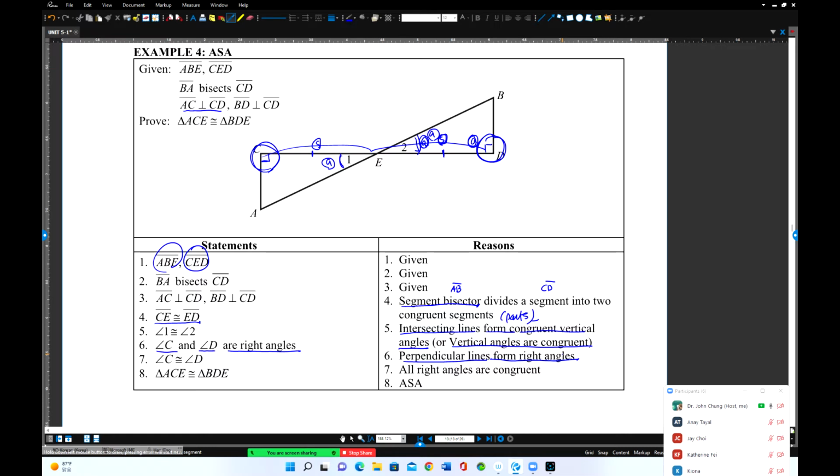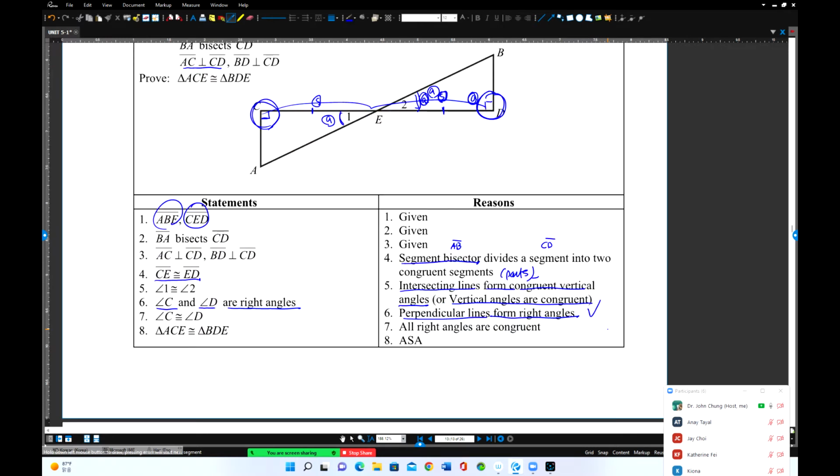It's okay too, but I like this simple one. After that, we can say these two right angles are congruent. The reason is the same as before: all right angles are congruent.